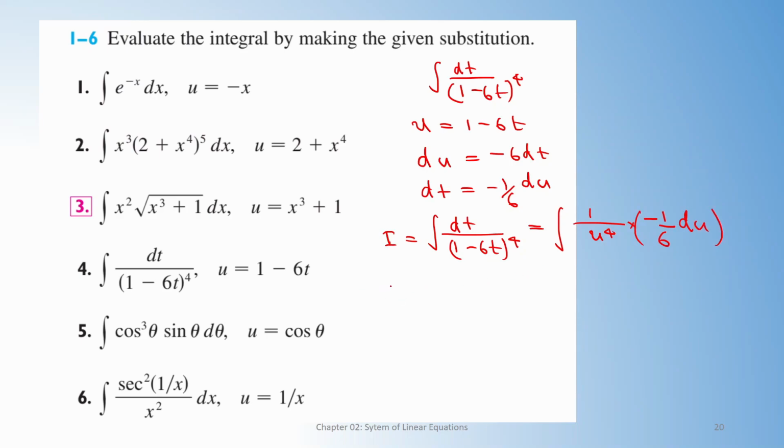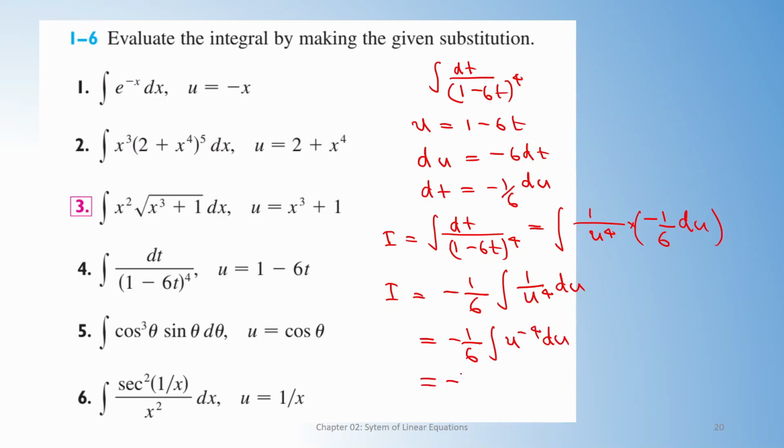So then I is equal to minus 1 over 6, 1 over u⁴ du. You can rearrange it as u to the power minus 4 du.